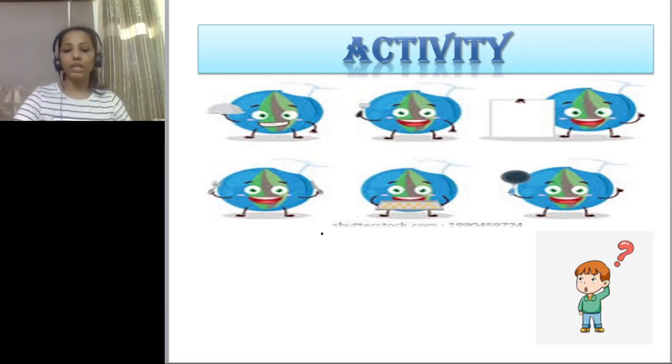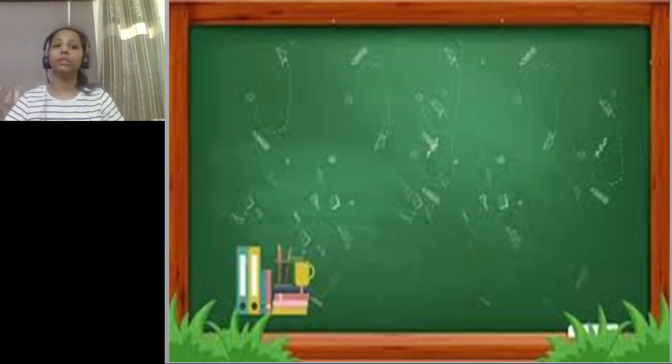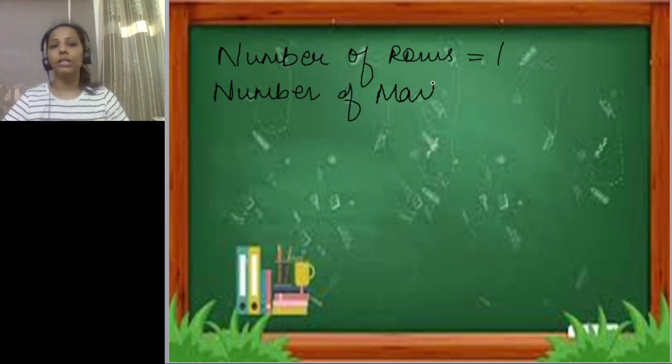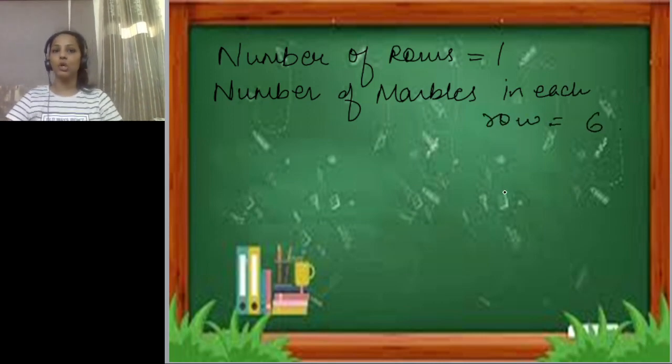Basically you can arrange in different ways, like if you have the number of rows as 1, then how many marbles in each row will there be? Each row will have 6.